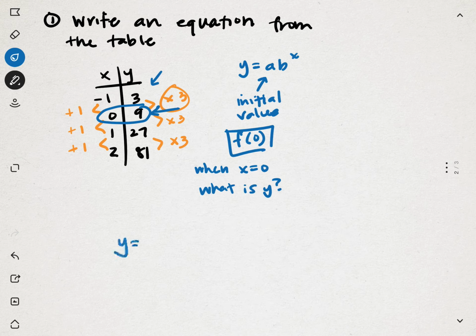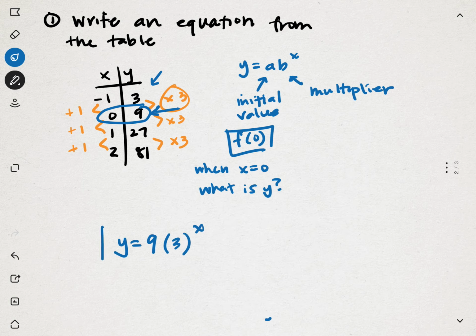So let's go ahead and write it. Y equals, our a is 9. Now b, we said, was the multiplier, right? So in this case, we're multiplying by 3 each time. So our multiplier is not 1/3. Our multiplier is 3 because we're multiplying by 3 each time.